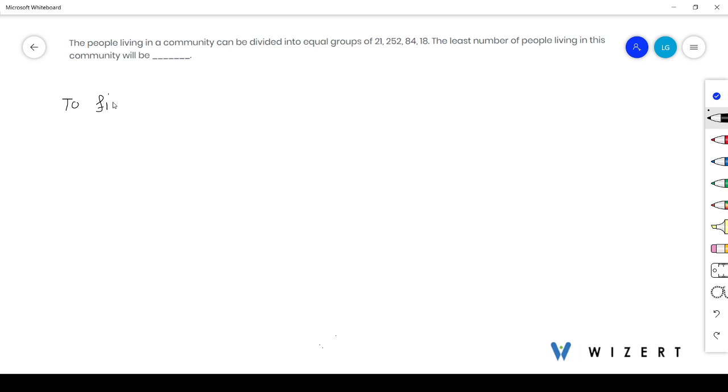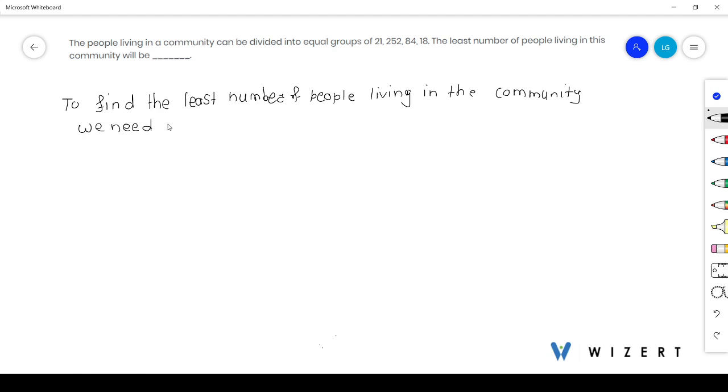Now, to find the least number of people living in the community, which can be divided into equal groups of 21, 252, 84 and 18, we need to find the least common multiple of these numbers, meaning 21, 252, 84 and 18.